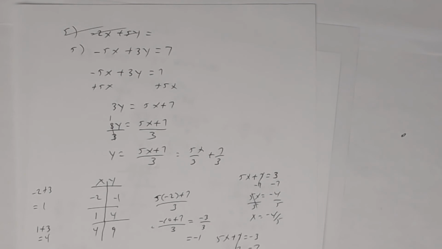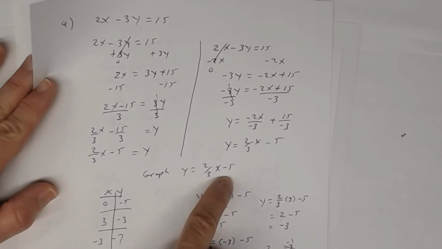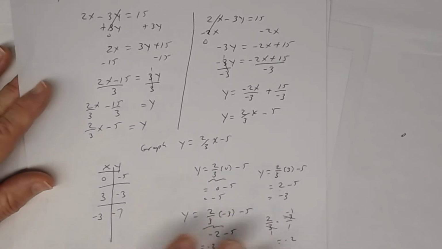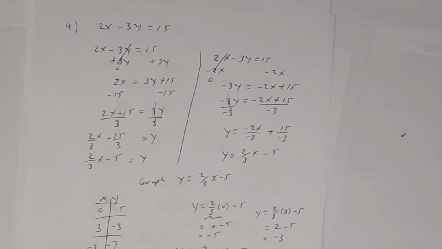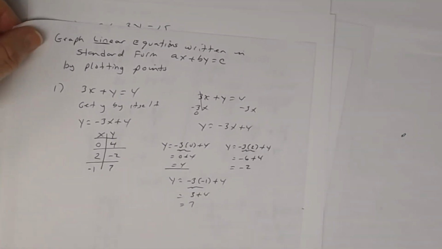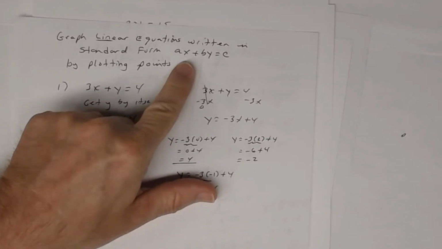But if you can do something like number 4, where this fraction right here is an integer, then you're fine. All right, but 5 and 6 are a challenge, and they are in New Alta. Okay, so now that is our discussion on how to graph linear equations that are written in this form.